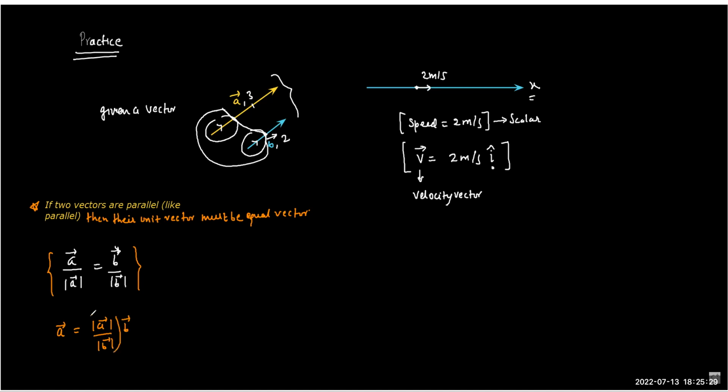This is a number, a ratio of lengths, into some vector. Or you may write B as the other way around. So given one vector, we can express the other vector.